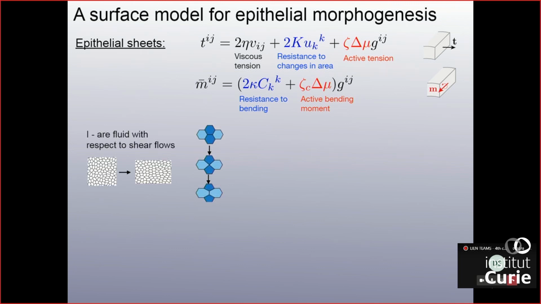So, why make these choices? One aspect is that, in principle, if one pulls on a tissue, we expect it to be fluid because there are going to be topological rearrangements, as we were discussing before, which correspond to the disappearance of some junctions and reappearance of others. And these topological rearrangements, by which cells change their neighbors, allow the tissue to relax the elastic stresses and to flow.